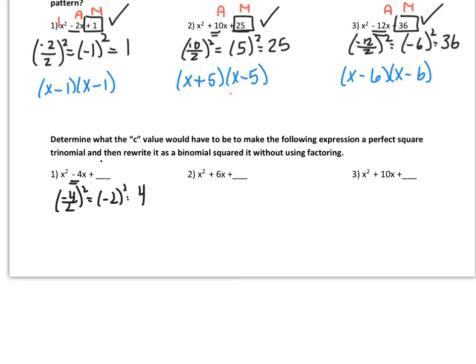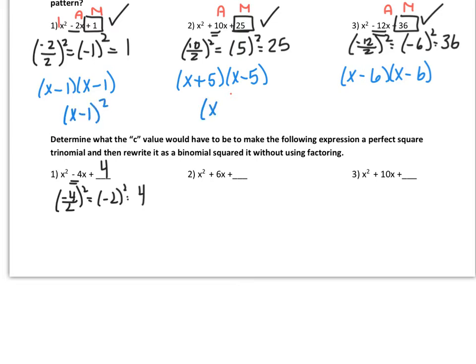Negative 2 squared is 4. And then I also want you to rewrite the trinomial as a binomial squared. So let's see if we can notice a pattern. And let's go back up here to these actually before we do that. Would you agree that I could write this as x minus 1 squared?